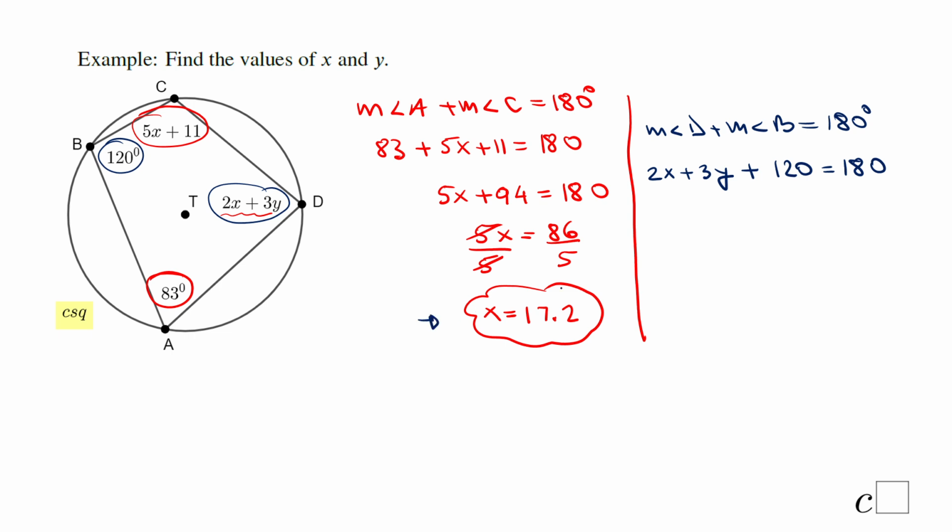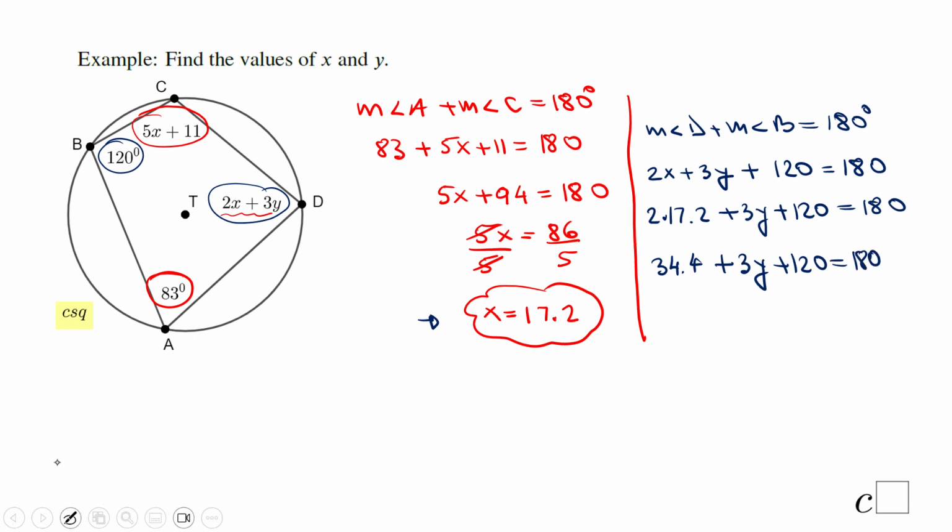X is right here, so we're going to have 2 times 17.2 plus 3y plus 120 equals 180. 2 times 17.2, that is 34.4. Let me double check. Yeah, that is correct. Plus 3y plus 120 equals 180.